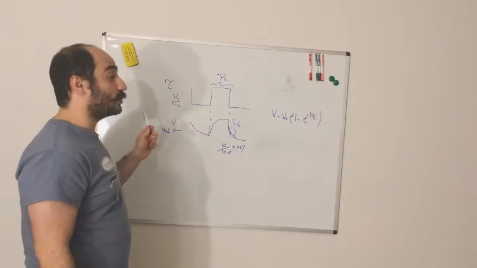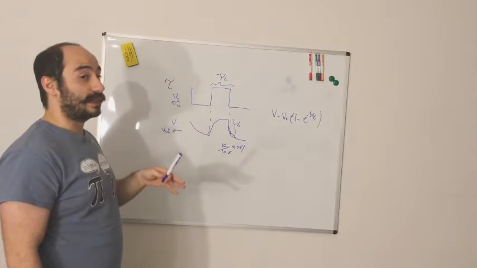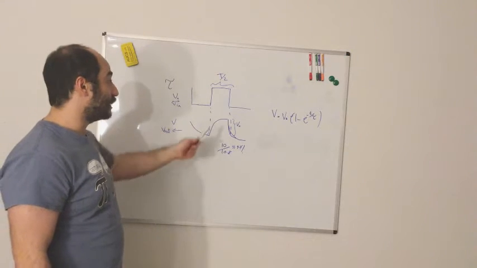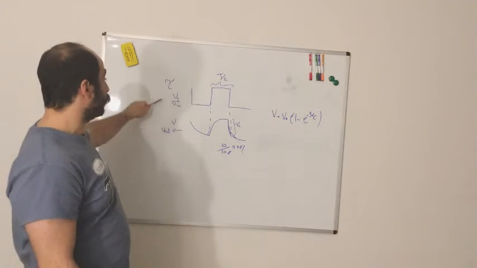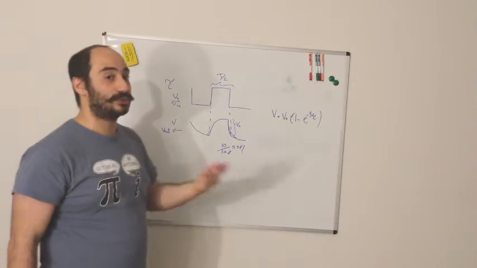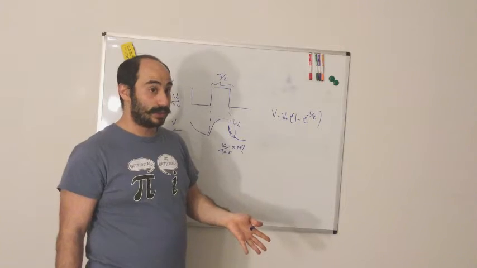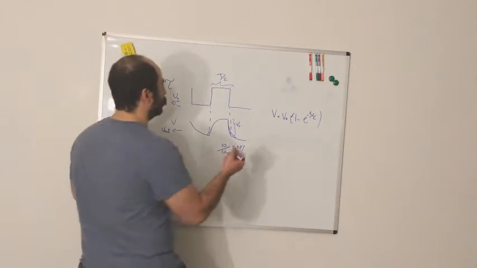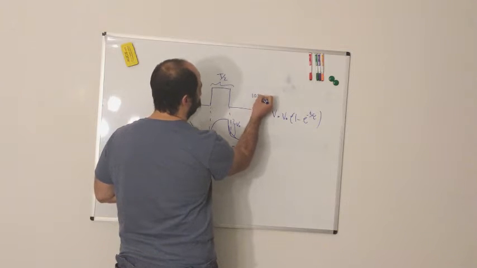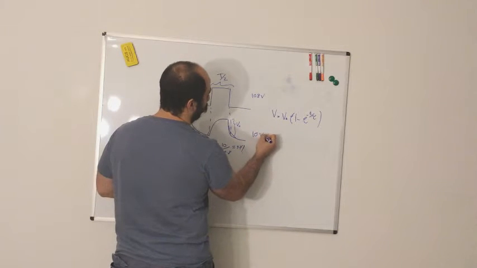But we know that technically, after you get to the plateau, this is your V in, this is your V out. Your V in should be equal to your V out. From the picture of the oscilloscope, this one was 10.8 volts and this one was 10 volts.